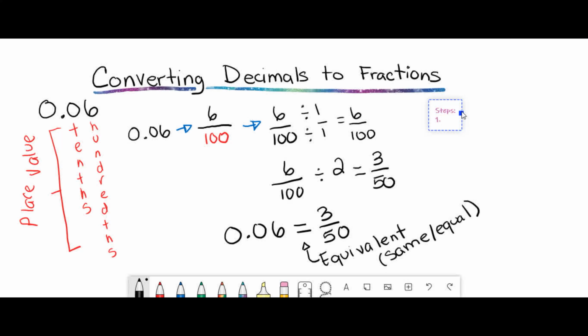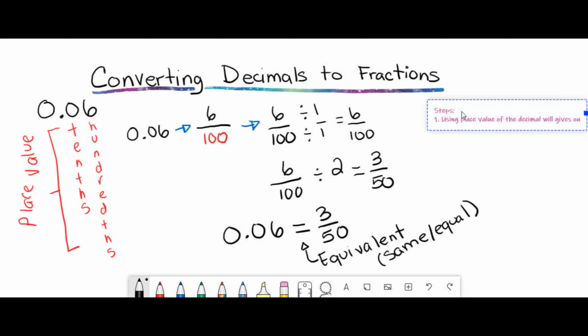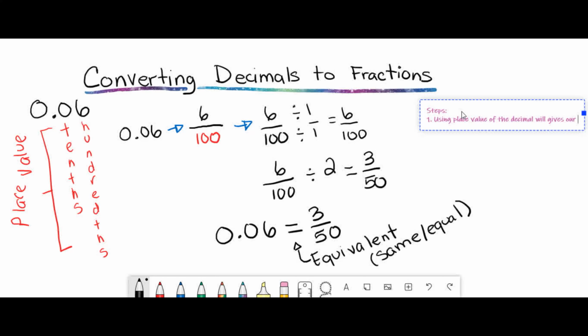So our first step is using place value of the decimal. Using place value of the decimal will give us our denominator. That's step 1.